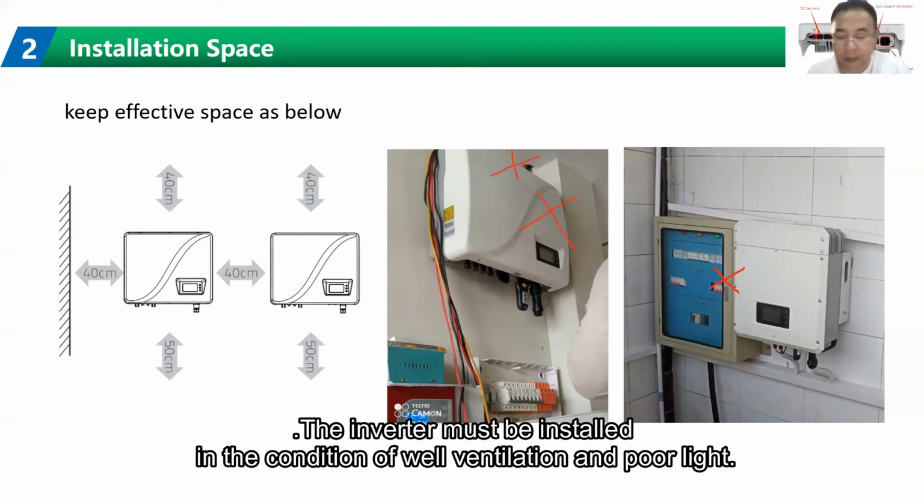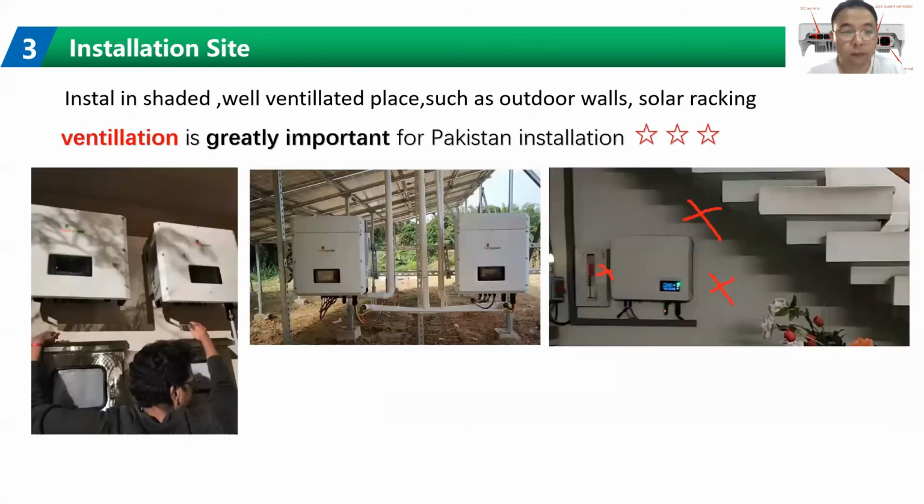The inverter must be installed in a condition of ventilation and low light. Install it in a shaded, well-ventilated place, such as outdoor walls or solar racking.